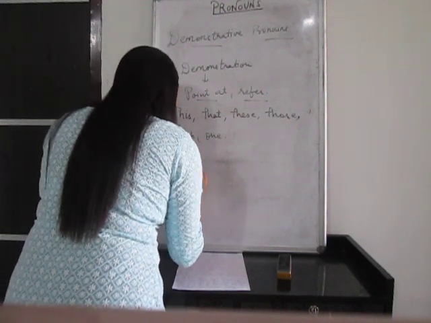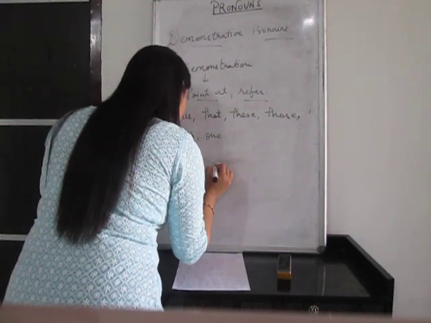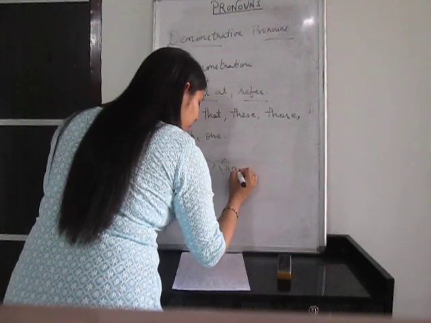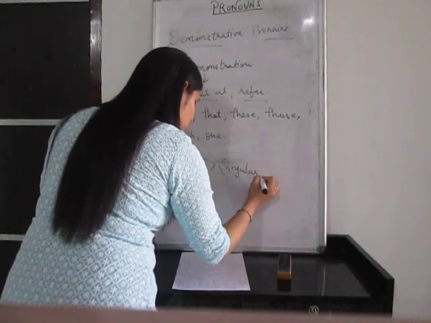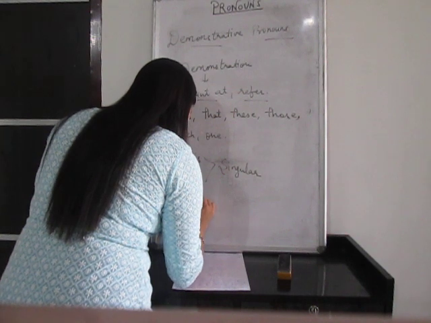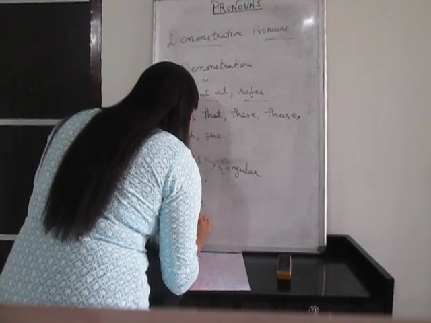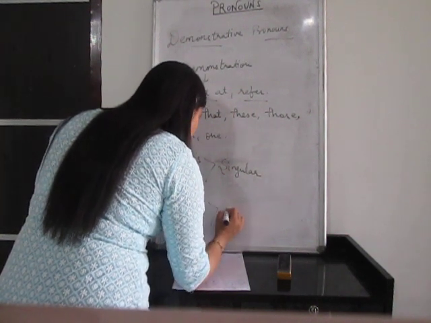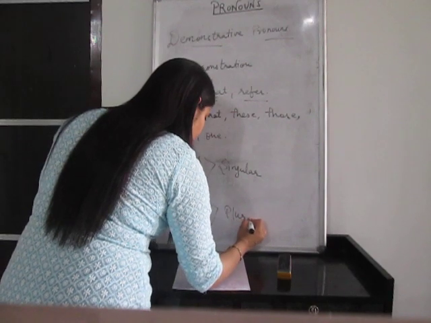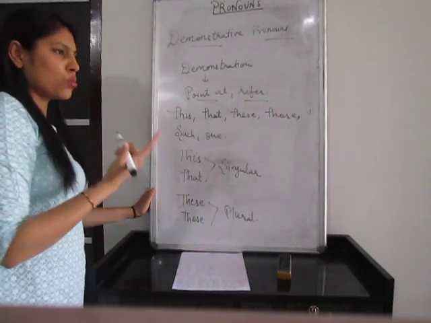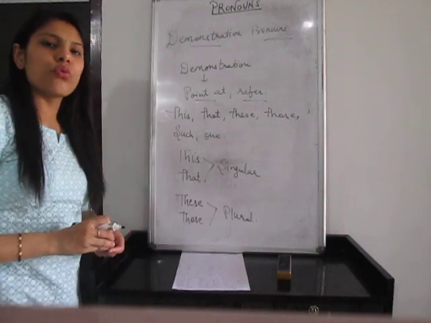This and that are used in situations of singular, and these and those are used for plural. Singular means something which is one, and plural means more than one.